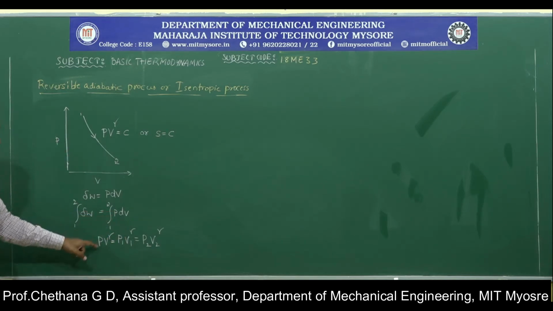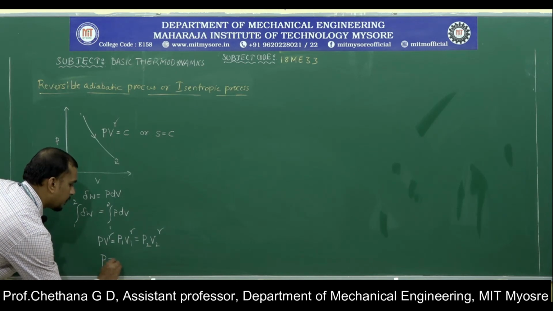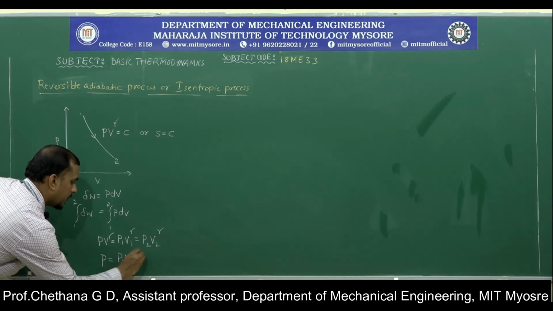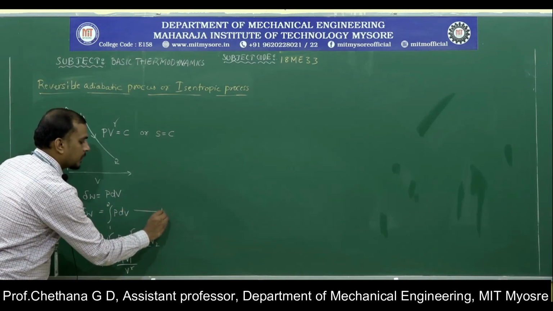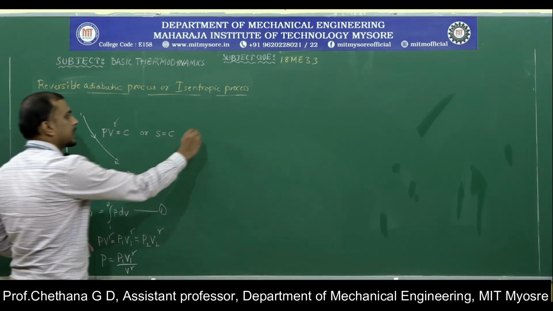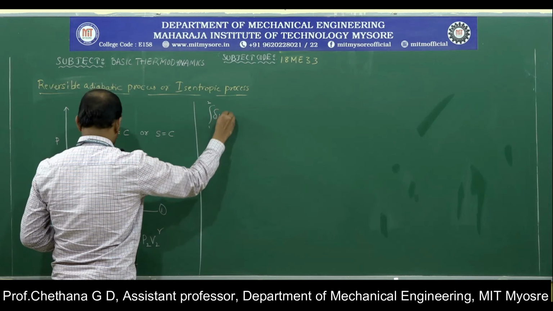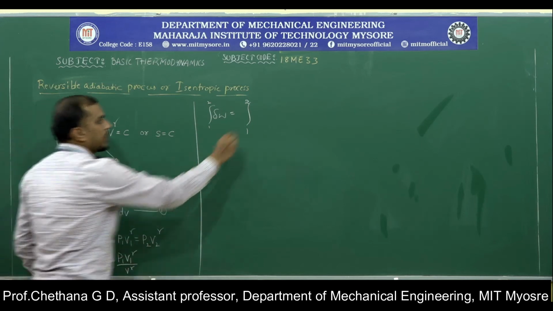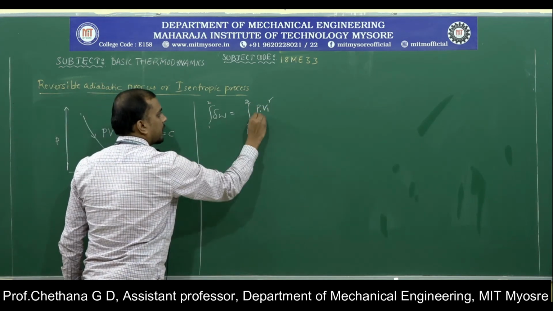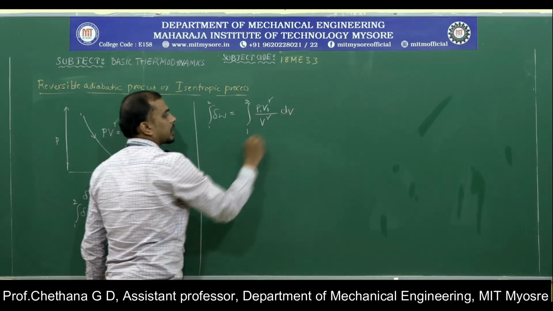Now get the value of P here in terms of V, because here we have to integrate it with respect to dV. So P is equal to P1 V1 power gamma divided by V power gamma. Substitute this value of P in equation 1, P1 V1 power gamma divided by V power gamma, and then we have dV here.